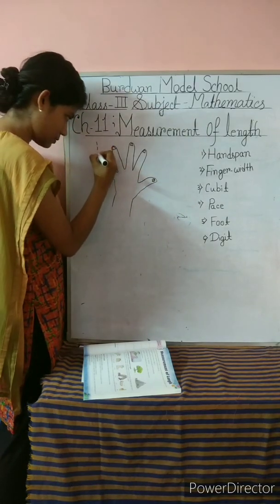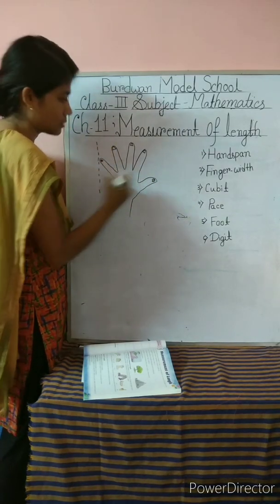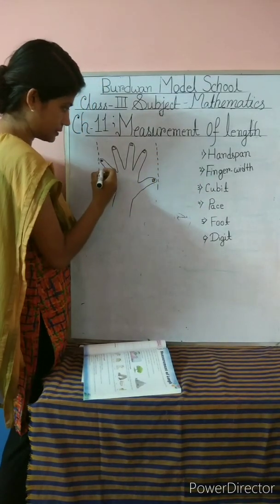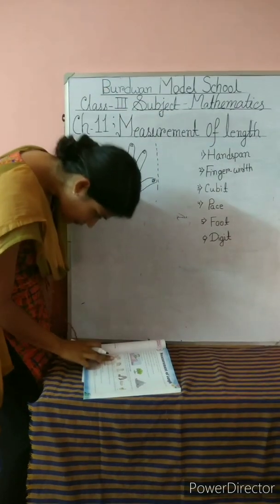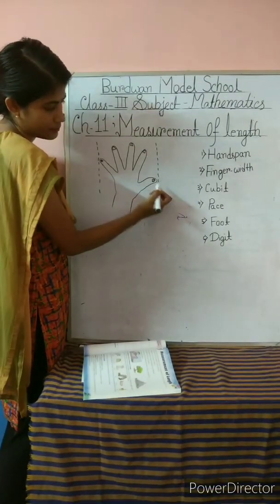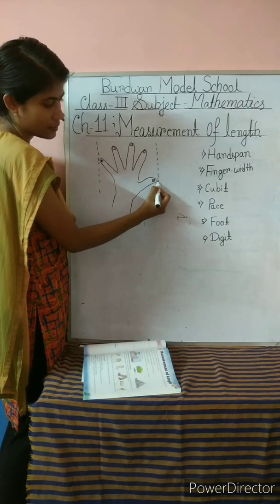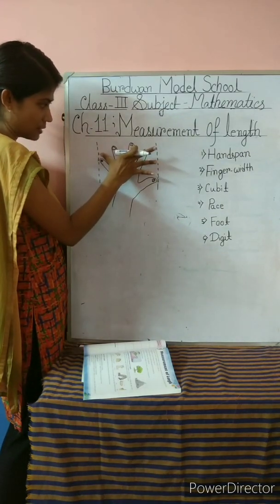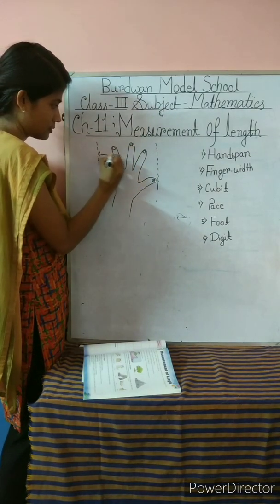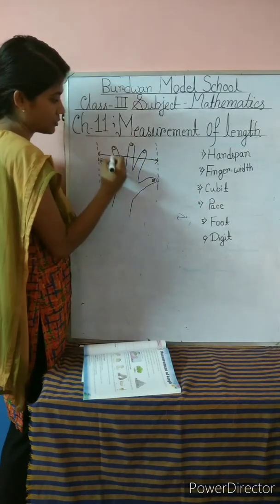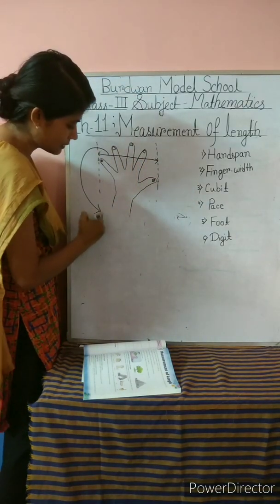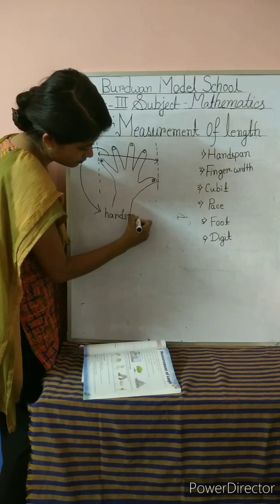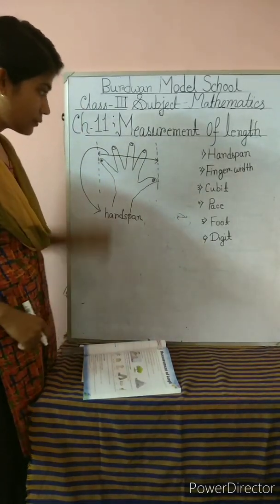Now we will first draw a dotted line. See, this dotted line will touch this thumb and this little finger. This much length, from here to here, is the actual length of the handspan. Understand?